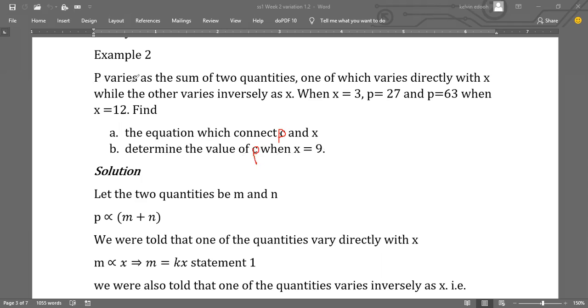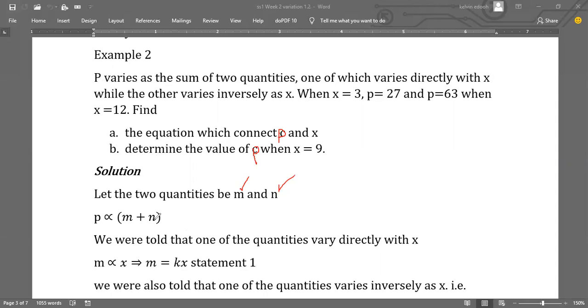We are told that p varies as the sum of two quantities. So let these two quantities be m and n. Now p varies as the sum of those two, m plus n.